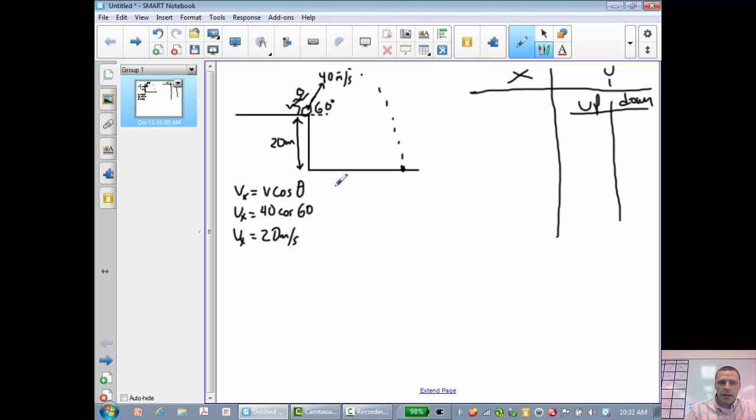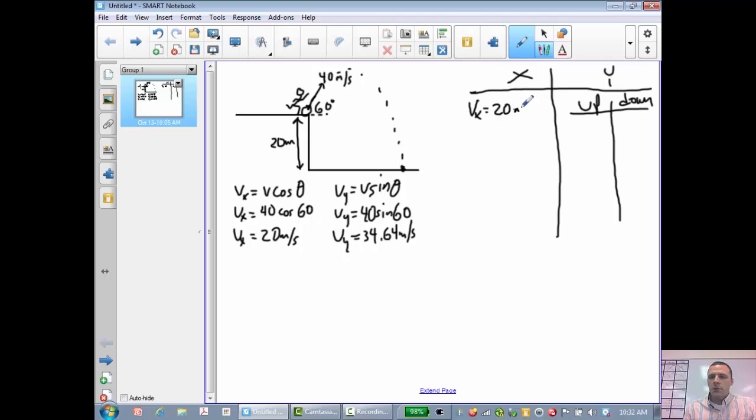If I do Vy, Vy equals V sine theta. Vy equals 40 sine 60. And Vy equals, I think it comes out to be rounded 34.64 meters per second. So the Vx value of 20 goes in the X column, 20 meters per second.